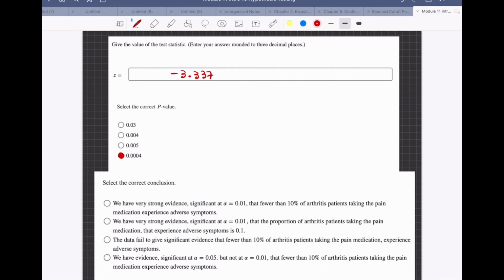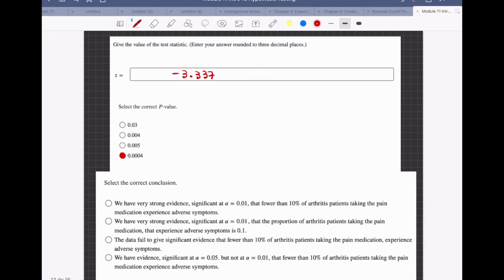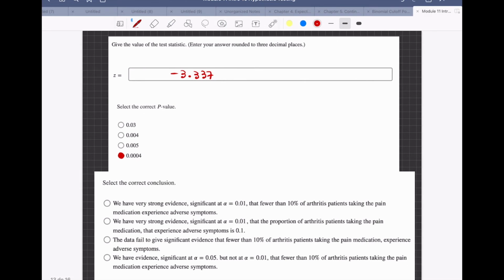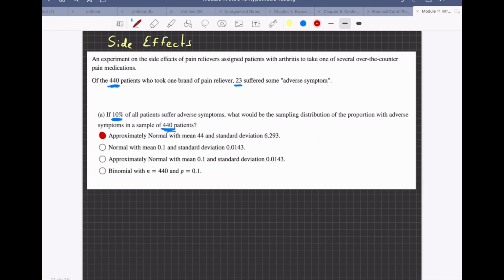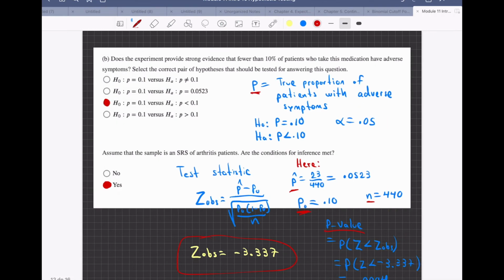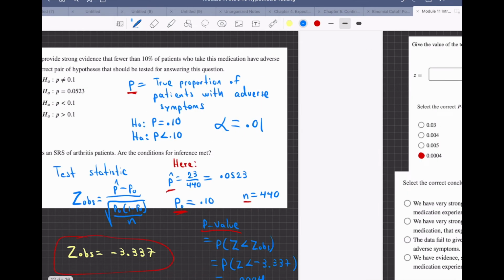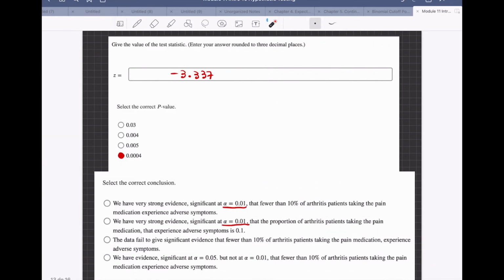Oh, wait, they're using alpha equal to 0.01, right? But it doesn't say at the beginning. Does it say? No, right? Well, anyway, if the problem is saying, then change that. I'm sorry for that. I didn't see that. So use alpha equal to 0.01 because it is given in the answers, right? Here and here. So yeah, you have to use 0.01.